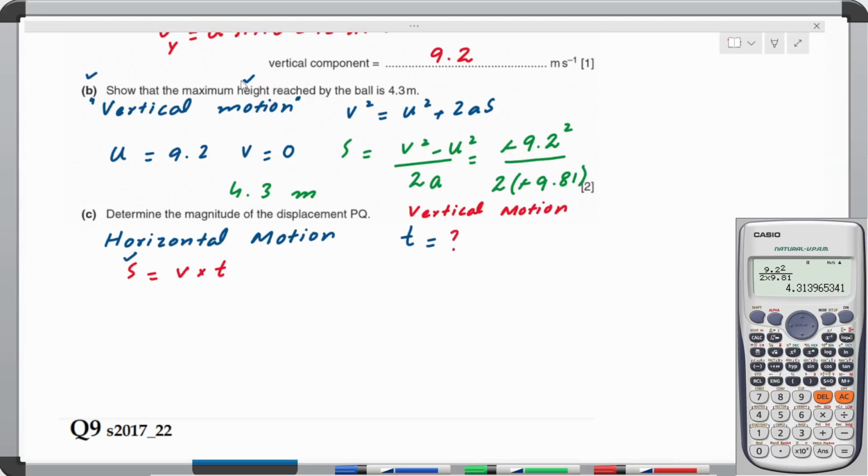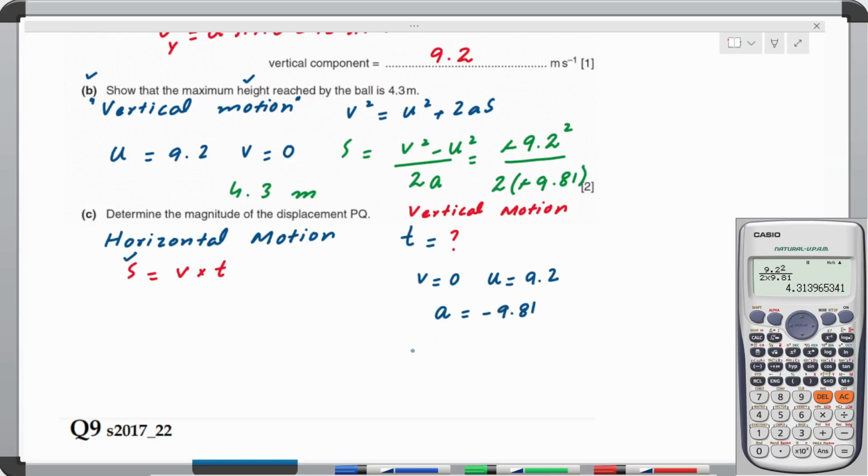The final velocity at the maximum point would be 0. The initial vertical velocity, considering the vertical motion only, was 9.2. The acceleration would be negative 9.81 meters per second squared.